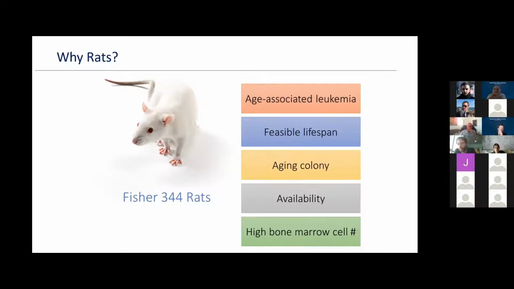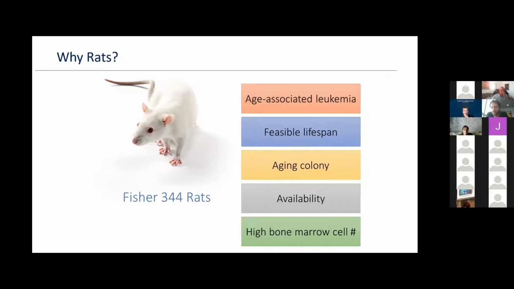It's a form of leukemia. When people talk about leukemia, usually they talk about child leukemia, but leukemia is an aging disease. And mice don't display any myeloid leukemia, none. They have a lot of lymphomas, but no leukemia, no myeloid leukemia. And rats do have an aging-associated myeloid leukemia.